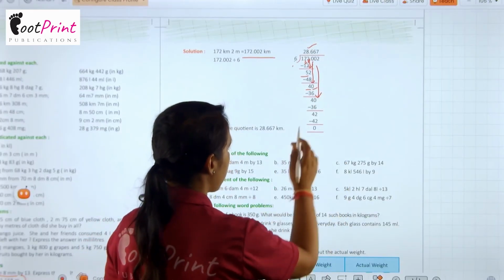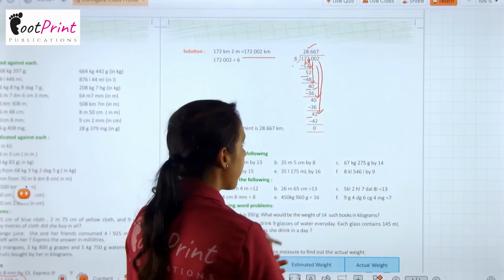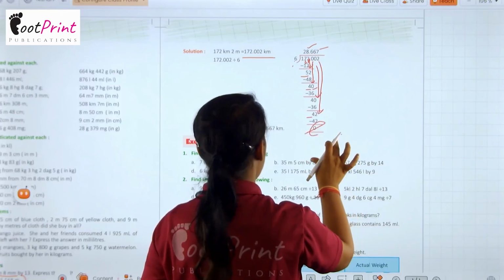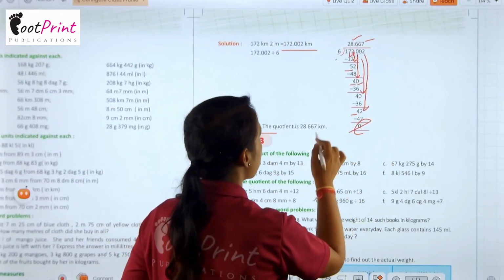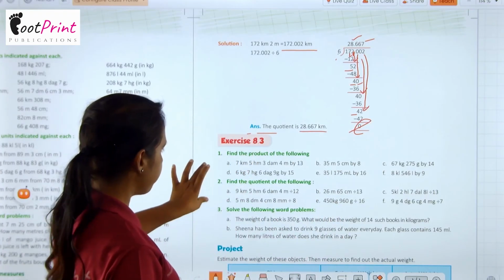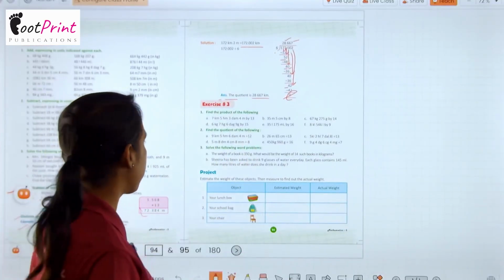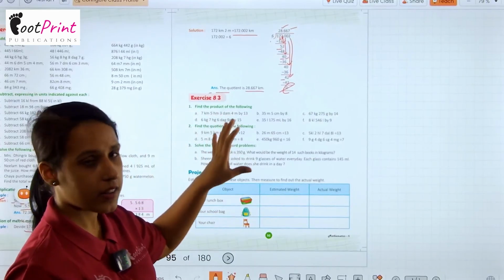So 6 6s are 36. Now we have 4 and bring down 2 here. So we get 42 and 6 7s are 42. So remainder will become 0. It means we can write the quotient is 28.667 kilometer.